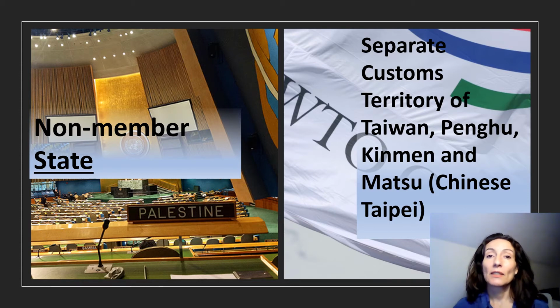The relevance of membership to the United Nations can be illustrated with the example of Palestine. It was unable to secure membership to the United Nations due to the veto of the United States. However, it was aware of its numeric support among other countries of the international community and decided to attempt to become a member of UNESCO, which is a specialized agency of the United Nations where veto powers don't operate.